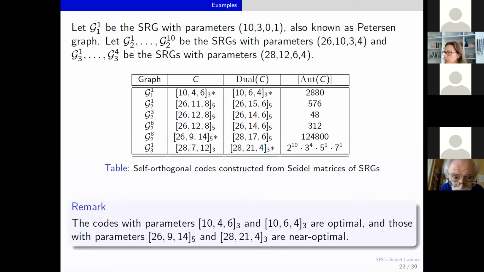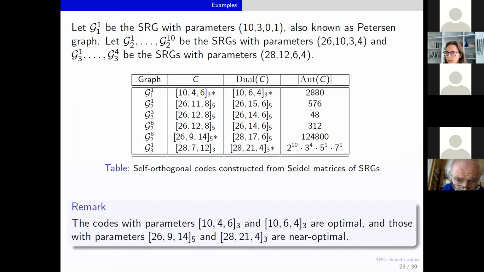So the method goes in a way that you have conditions which tell you, taking parameters of strongly regular graphs, whether these parameters are suitable for use to obtain self-orthogonal codes. First, in this slide, we were using the whole Seidel matrices to obtain self-orthogonal codes.